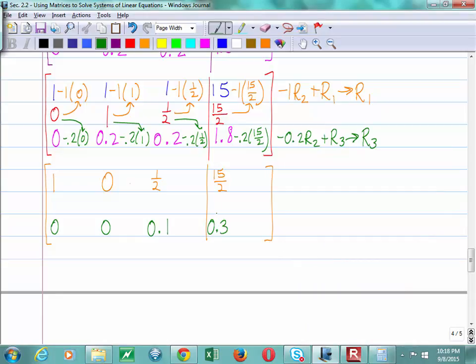Okay, now the middle row is still the same. Okay, so the second column is now completed.